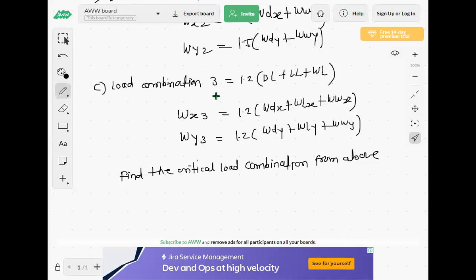So we have seen here three main load combinations. In three main load combinations, there are 3 X and 3 Y. So out of 3 X, we have to choose one in X direction and one in Y direction.